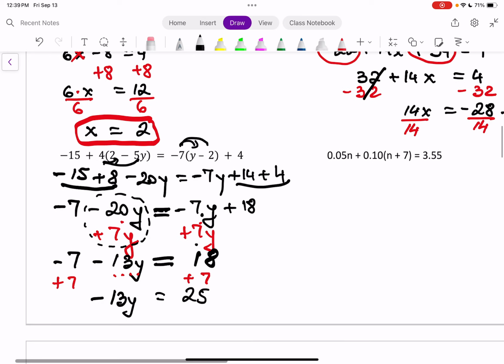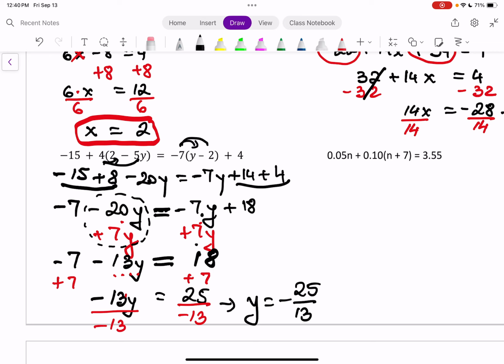And the last thing to do is get rid of the negative 13. Again, it's not adding the 13 because 13 is not subtracted from y. Negative 13 is multiplied to y. So to undo that multiplication, we divide both sides by negative 13.